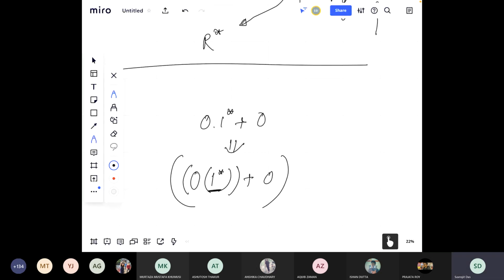This should be evaluated first. When you are talking of validating strings or examining strings, this should be evaluated first. Then this should be evaluated, and then this. And when you are talking about construction, this should be constructed first. Then this portion should be constructed. Then this portion should be constructed. Okay? Is it? Yes or no?